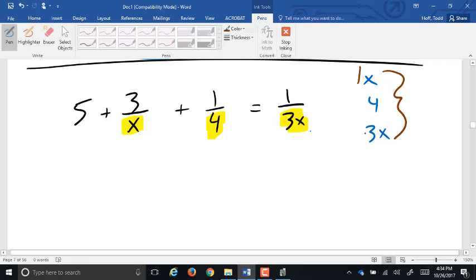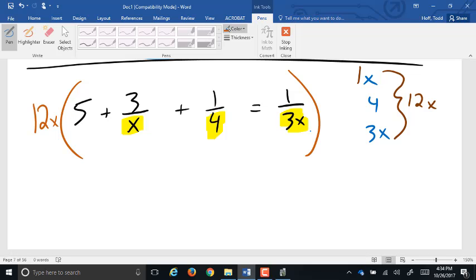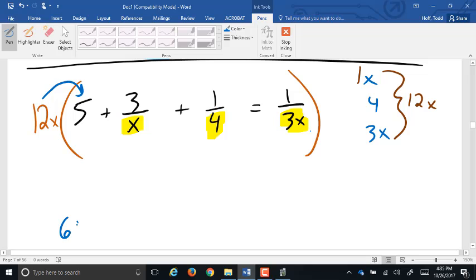What's the least common denominator for 4 and 3? 12. And then for variables, I have to take the highest power of the variable. So it's just going to be x. So what's going to happen is I'm going to multiply this whole equation by 12x. So what's 12x times 5? 60x, right?